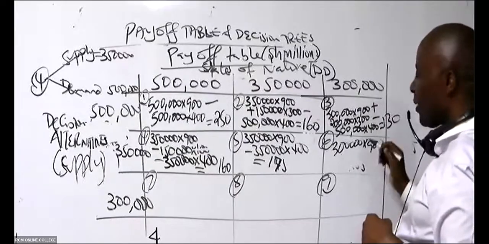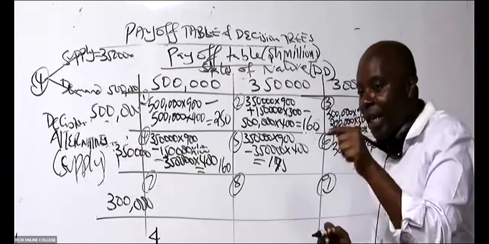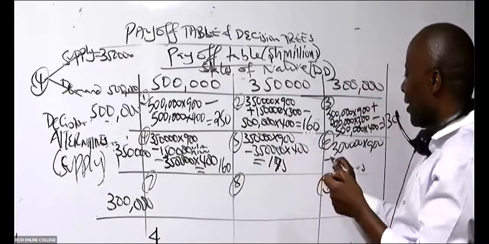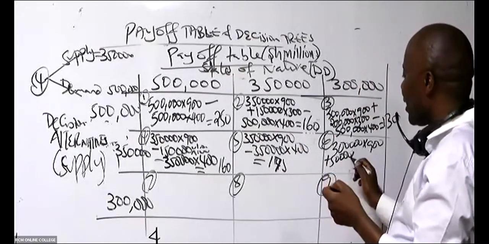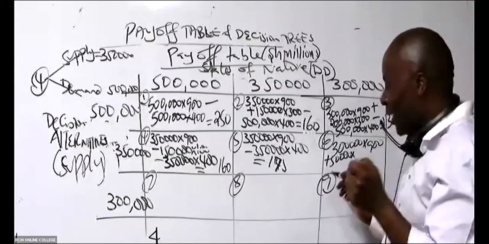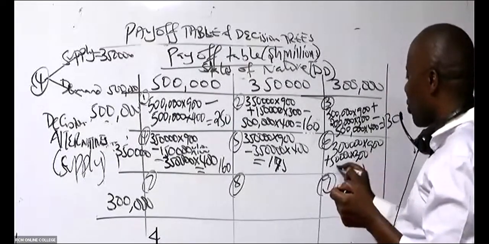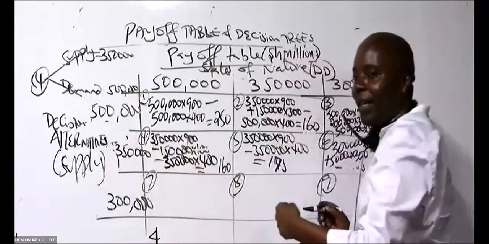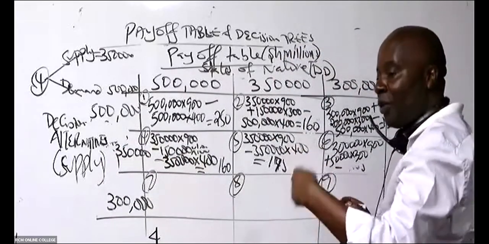At 900. But of course, I had supplied more. So on this excess, you can see it's 50. This one I'm going to sell next year at 300. How about the cost of production? It will be on the basis of the whole supply. Cost of production is always on the base of the whole supply.